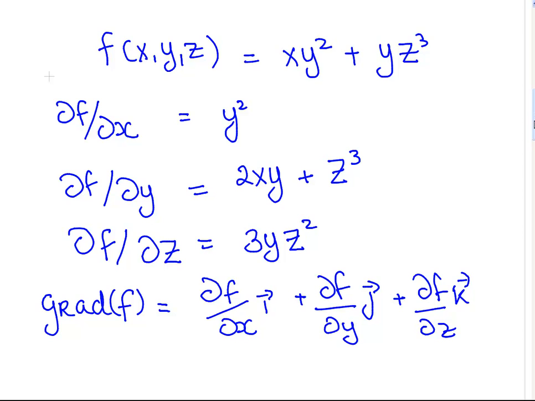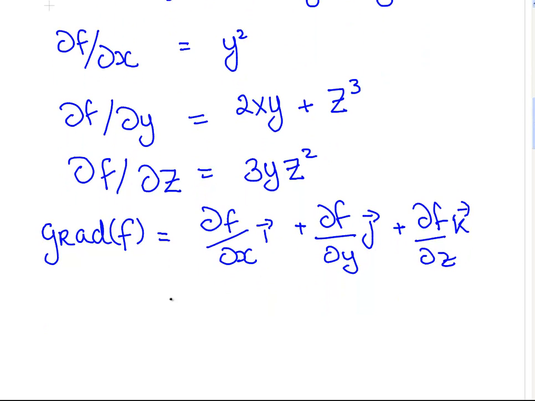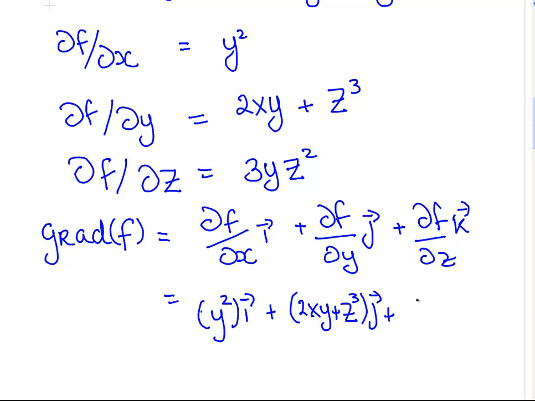So grad of f is y squared i plus (2xy plus z cubed) j plus 3yz squared k.